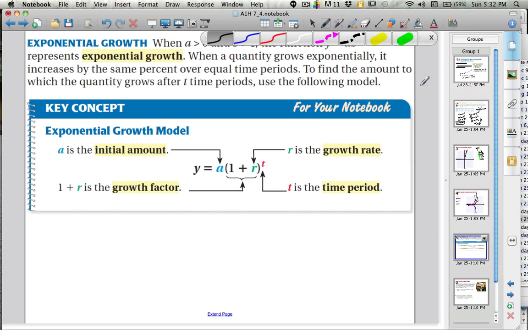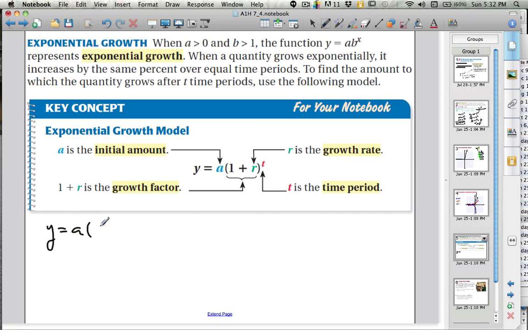When we talk about calculating exponential growth, we typically use a different model like this one. And this is an exponential growth model for annual interest. Okay, there's actually a more elaborate formula.